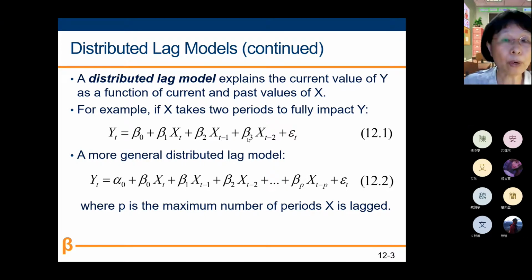Therefore, my degrees of freedom become 100 minus 4 minus 2, so it's 94. My degrees of freedom decrease from 98 to 94.